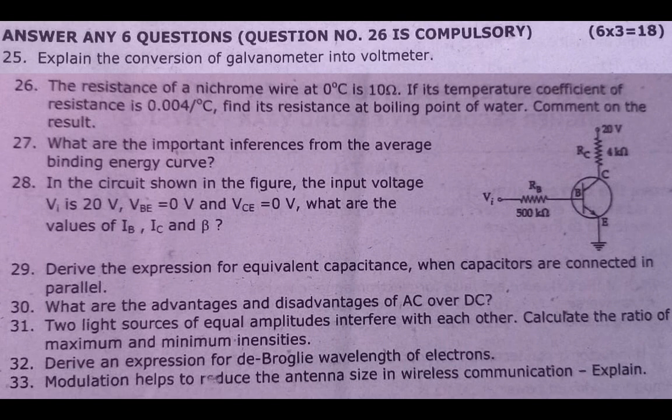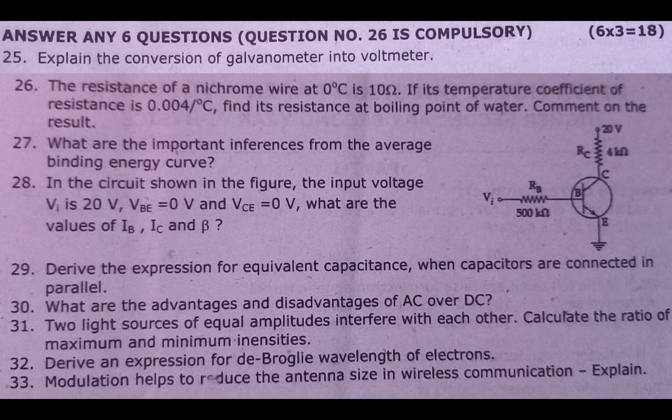In the circuit in the diagram, the input voltage VI is 20 volt and VBE, base emitter voltage, equal to 0 volt and VCE, collector emitter voltage, equal to 0 volt. What are the values of base current, collector current and the gain, beta?